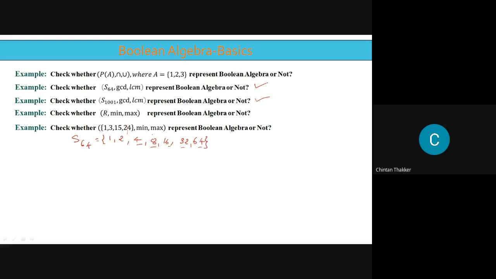So here also the complement of 2 does not exist. So it is not a complemented lattice, so it is not a Boolean algebra.